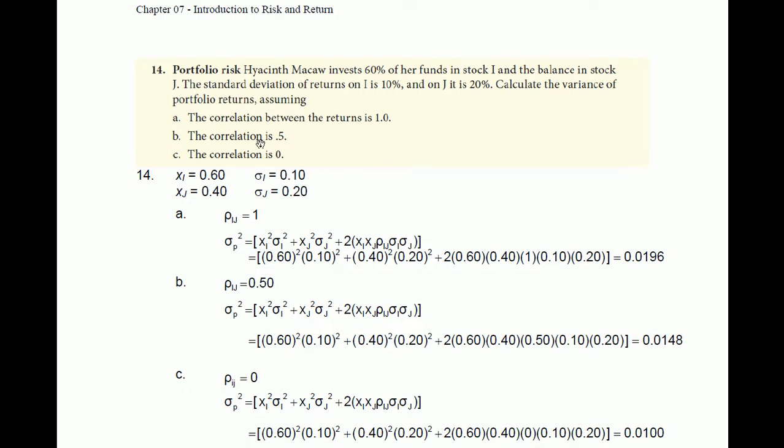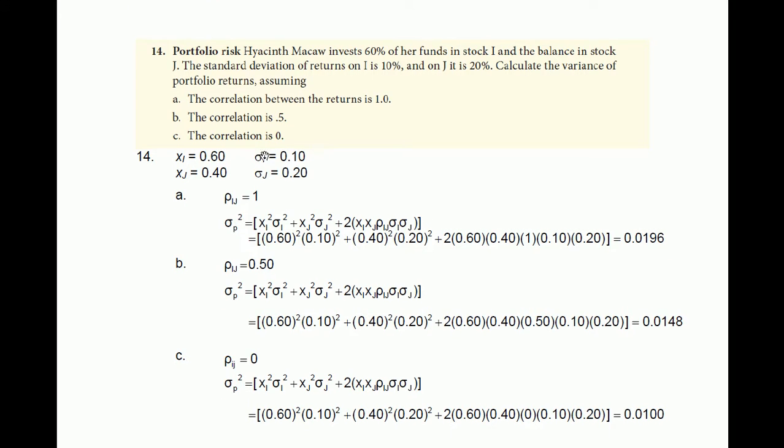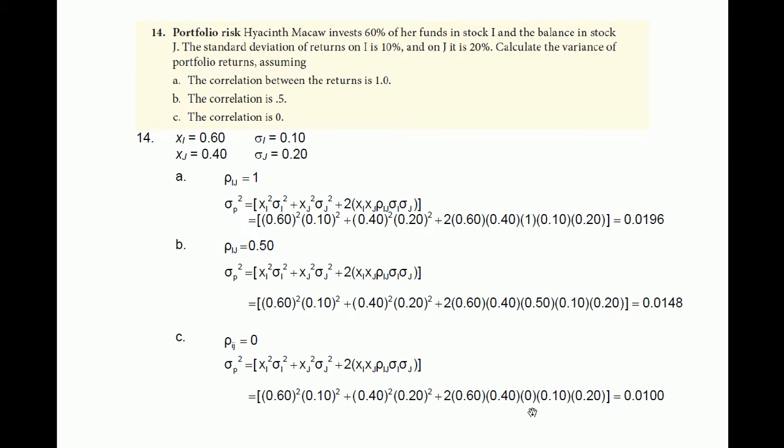And here we plug in 0.5. And in C, we plug in 0. And we can see that when the positive correlation is bigger, the risk of our portfolio becomes bigger. We can see that the higher the correlation, the bigger variance of the portfolio. In other words, the higher risk of a portfolio.